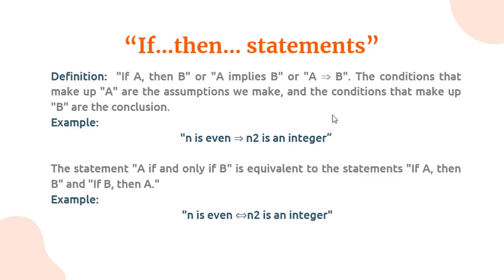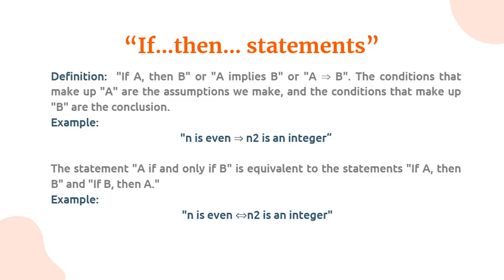So A is the assumption or the hypothesis, and our conclusion is B. For example, if N is even, then N over 2 is an integer. Converted into a sentence, it becomes: if N is even, then N over 2 is an integer. Okay?